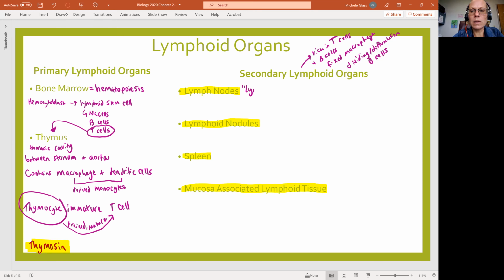When we talk about the lymph nodes, we can think about these as the lymph filters. So we already mentioned as the lymph is going through the network of vessels, it will periodically pass through a lymph node, and it's filtering out like 99.9% of pathogens. So it's involved in removing pathogens, debris.